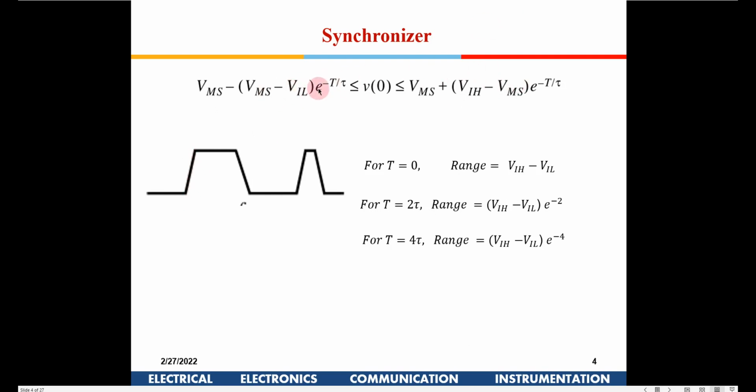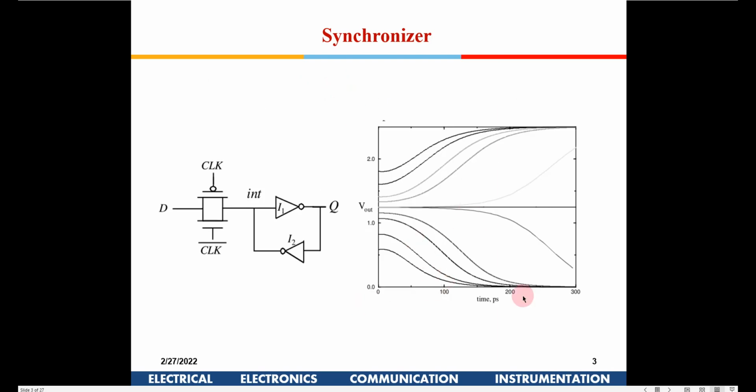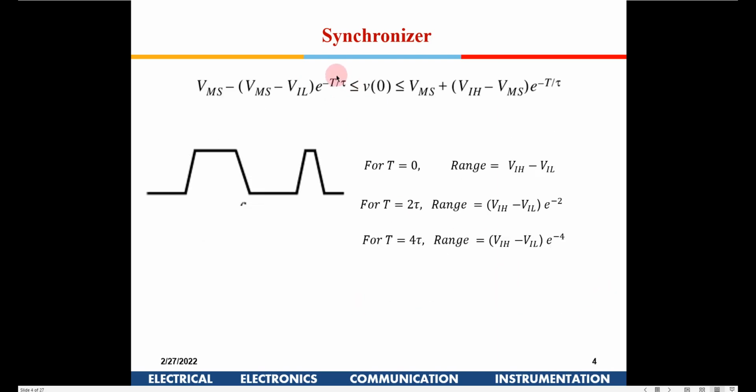If you see here, this is the synchronizer time which I am giving, that is this time. This time is represented by capital T here. For T equal to 0, this becomes 1. So you will have VMS getting cancelled, and you have VIL, and output is V0, and here also, this is 1, so VMS gets cancelled, and VIH.